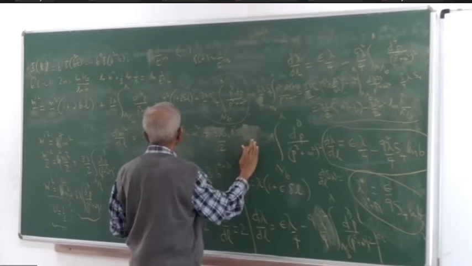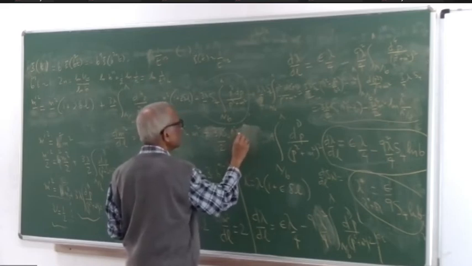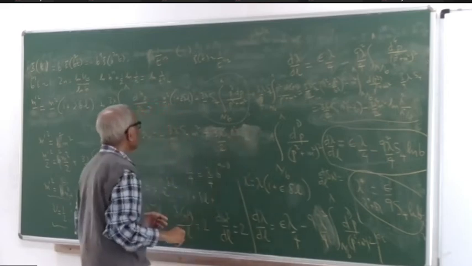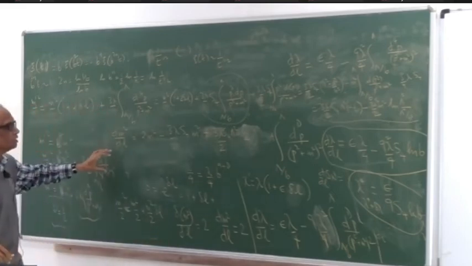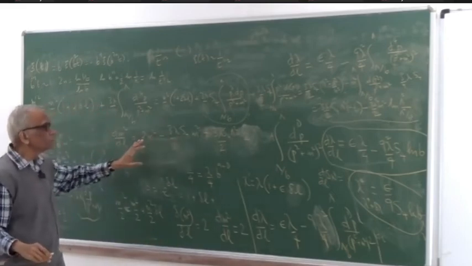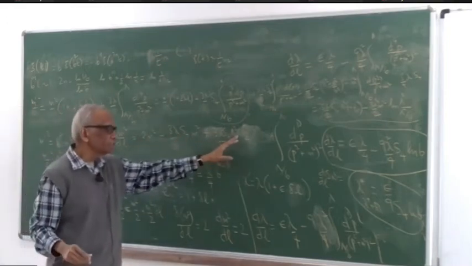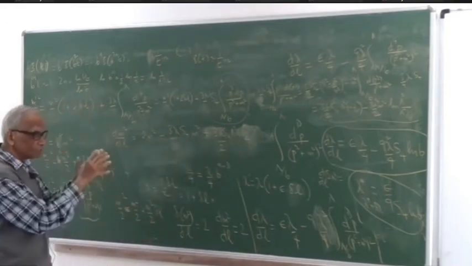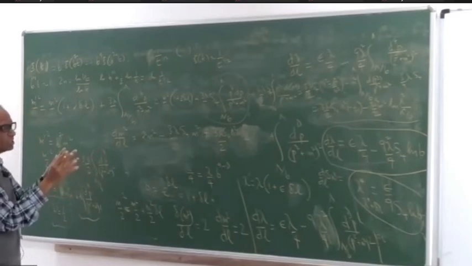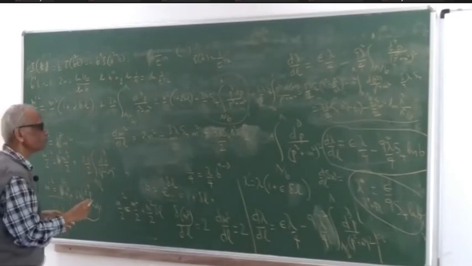So the 2 delta L gives me a 2. So dm square dl is m square into this quantity over here, and then there is a constant over there. That constant essentially tells you that the critical point is shifted.